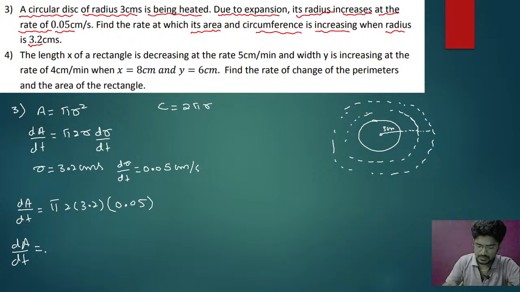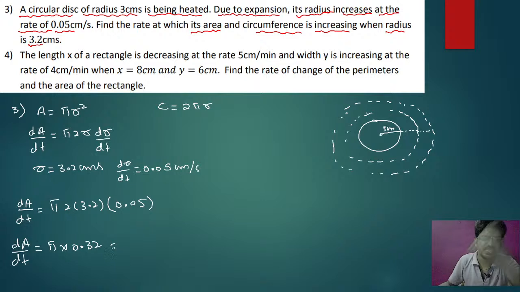So you can see here the answer is going to be equal to 3.2 multiplied with 2 is 6.4. 6.4 multiplied with 0.05 is 0.32.